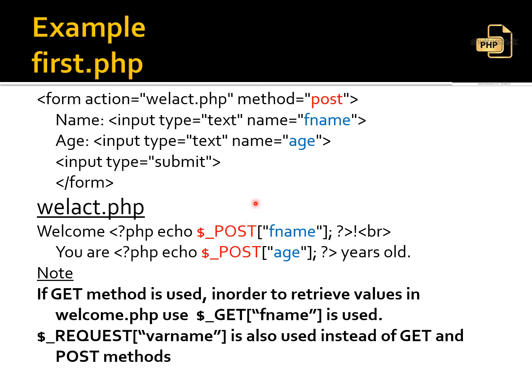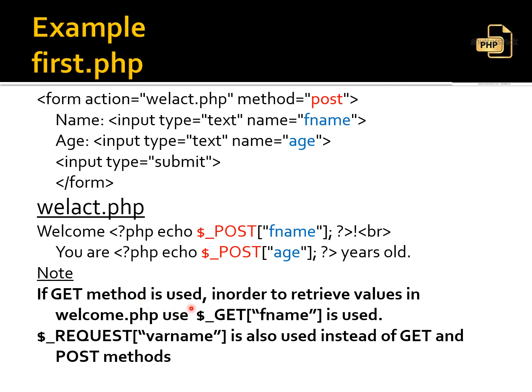If the user is using the GET method instead of POST, then to retrieve the data transferred from first.php to wellag.php, instead of $_POST we have to use $_GET of fname and $_GET of age. Likewise, we can access the data.